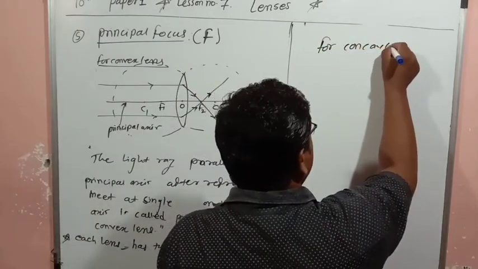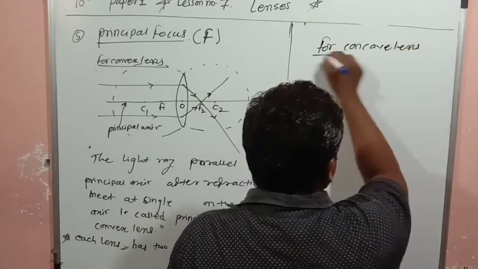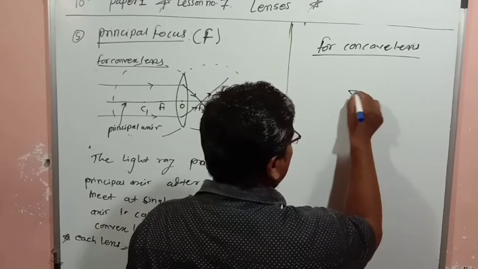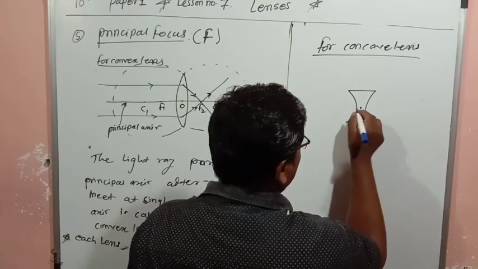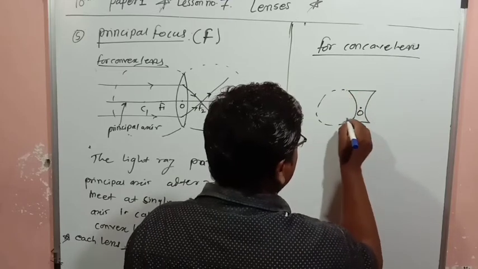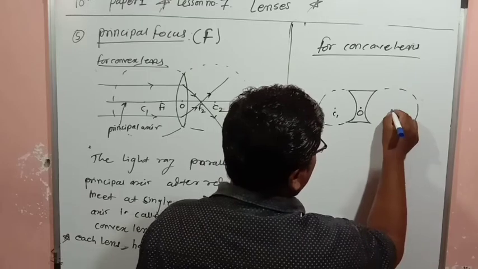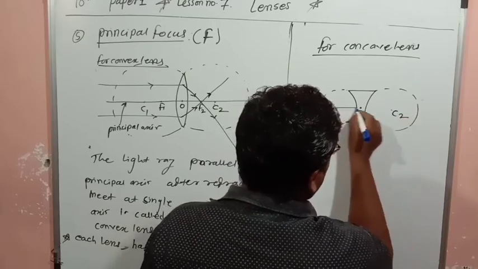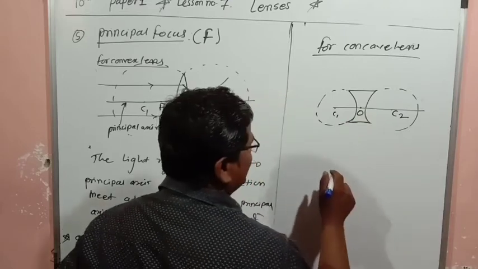And for a concave lens, we will draw the diagram of the concave lens. Like this way will be the diagram. So here will be the optical center, the imaginary sphere here will be C1, the imaginary sphere here will be C2, and the line joining will be the principal axis. Again, optical center.